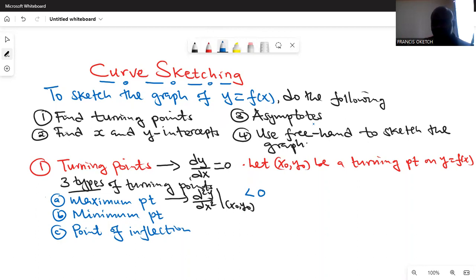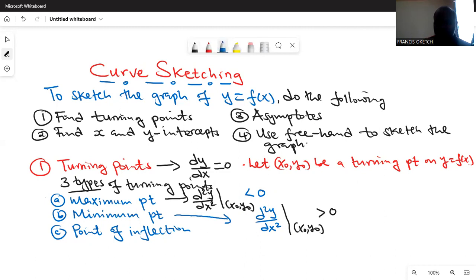If you want to know whether your point is a minimum, you check the second derivative of y with respect to x at the point x naught, y naught. If the value is greater than 0, then that point is a minimum point.